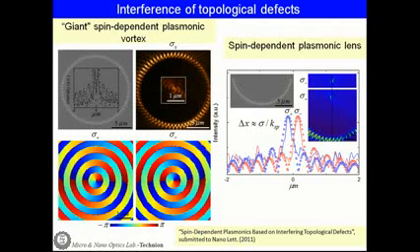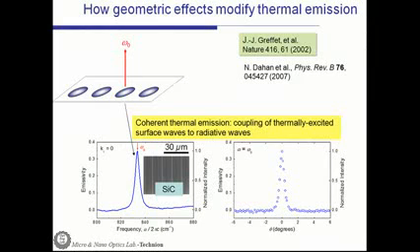Then we realized a plasmonic chain consisting of a topological defect, and we measure here a spin-dependent deflection of the plasmonic focal location proportional to 1 over the wave number of the surface wave.